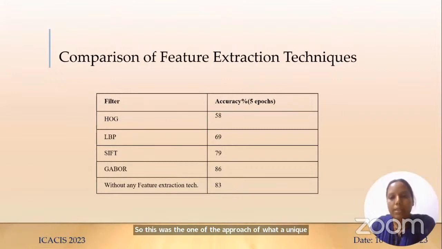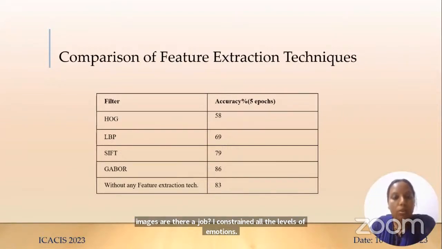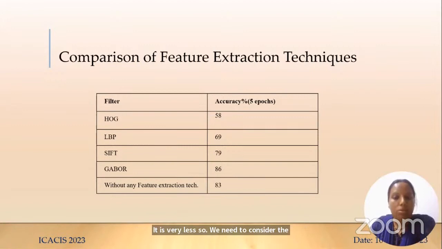When you consider only a small sample size, the CK plus 48 contains only 981 images, covering all the levels of emotions, which is very little. So we need to consider more training samples to model this and recognize the emotion.